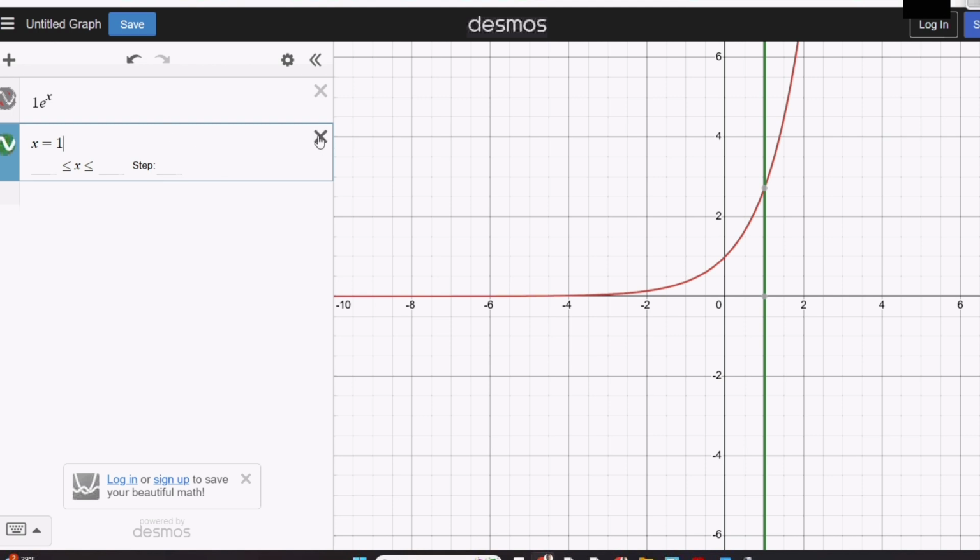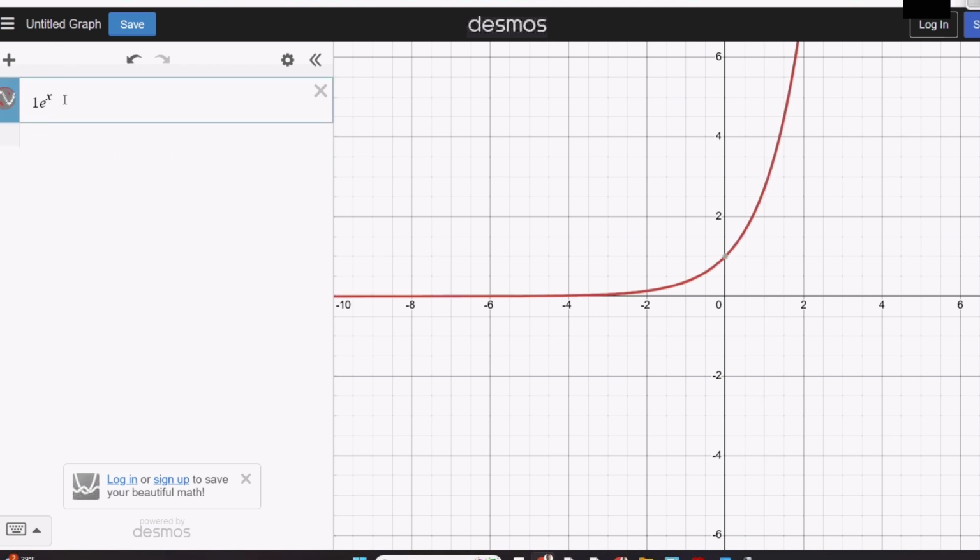Now we can shift this the same way that we did when it was a times b raised to the x. So let's say that instead of raised to the x, what if I say up here, oops, I might need to put that in parentheses. Let's say this is going to be x minus 2. Remember, what should this do? If it's minus 2, it should move it to the right 2. And there you go.